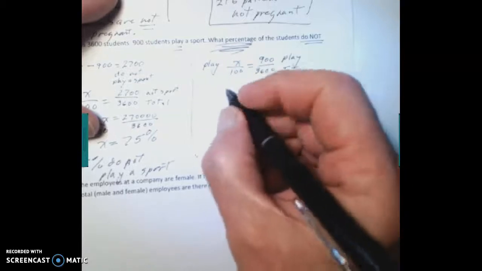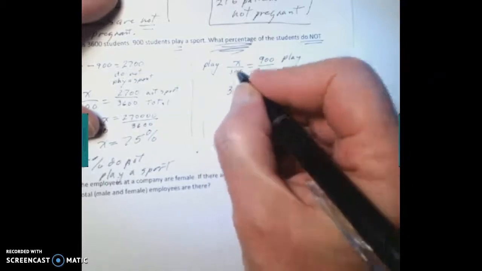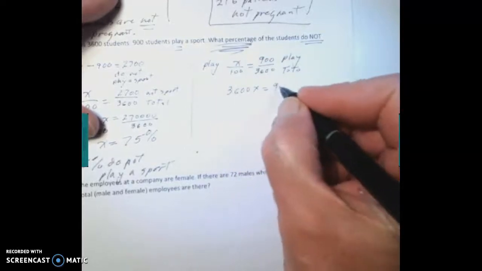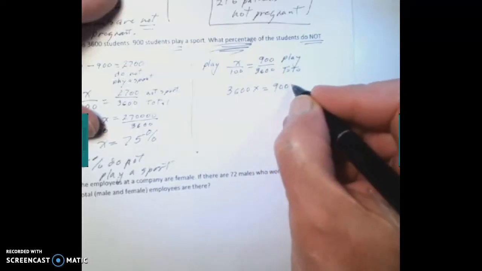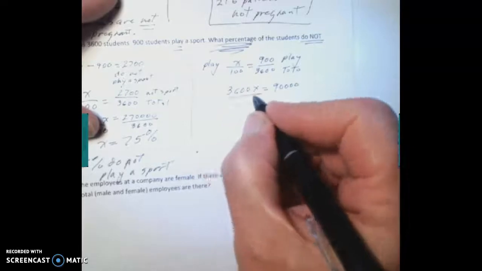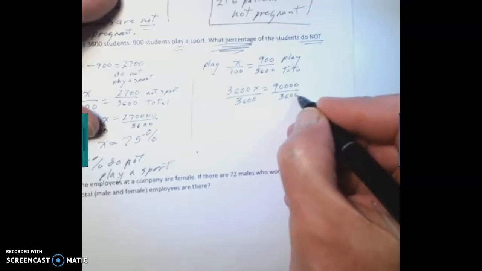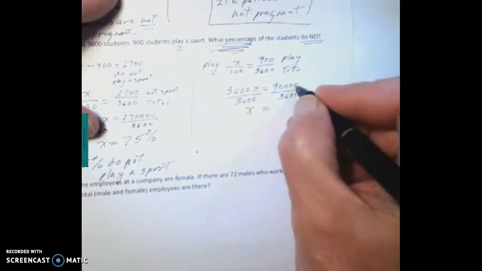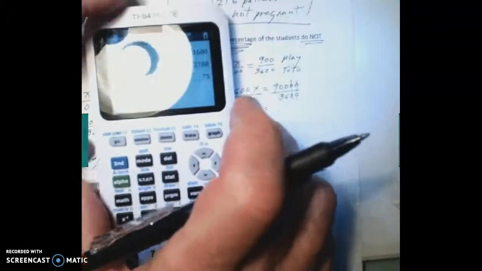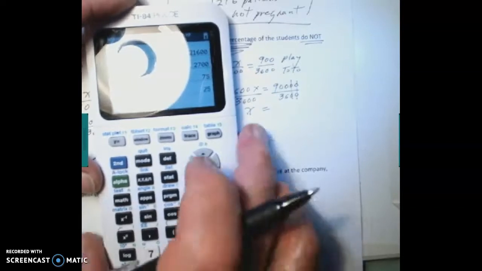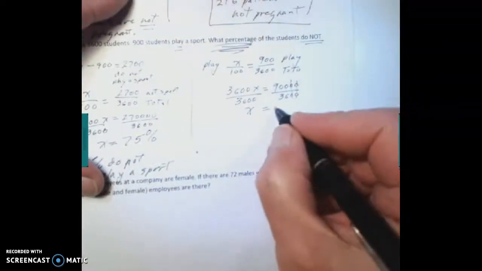This will work fine though. 3600x when we cross multiply this way. 9 times 1 is 9. 2 and 4, we've got 4 zeros. 90,000. Divide by 36,000. I get x equals, I'm going to knock off the zeros this time. So it's 900 divided by 36. And I come up with 25.